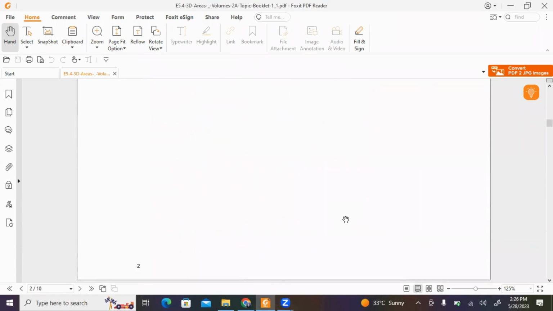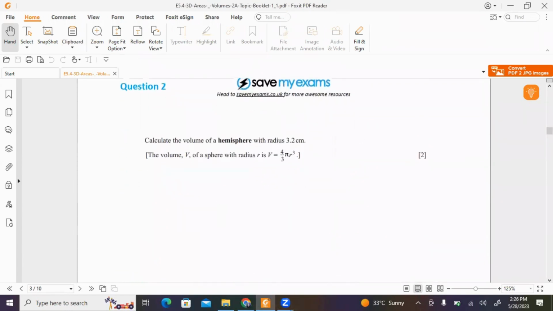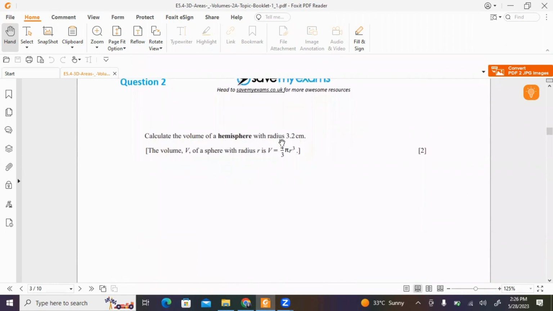Then if we move on to the next question, it says that we have to calculate the volume of a hemisphere, which has a radius of 3.2 centimeters. Now, unlike the circle, a hemisphere is a 3D shape. The formula for the volume of a hemisphere is going to be half that of the sphere. So we do 2/3 pi r cubed.